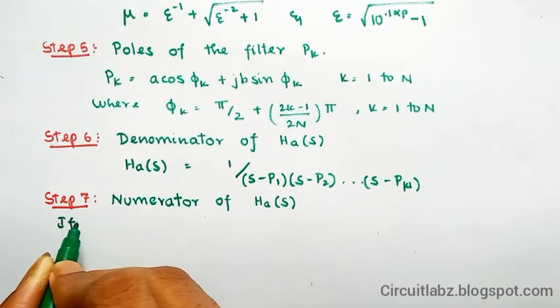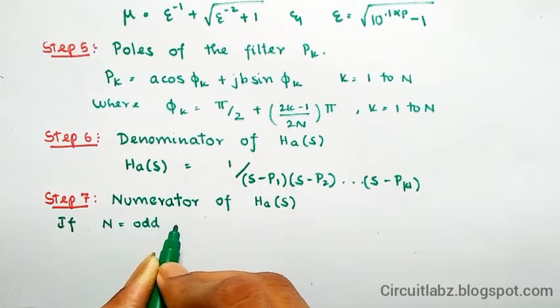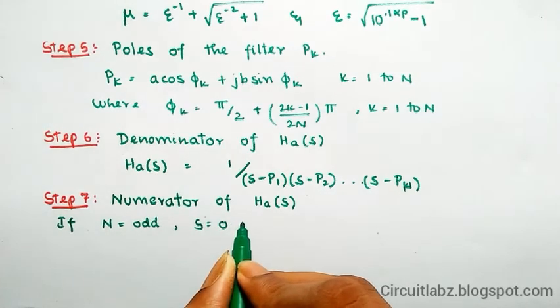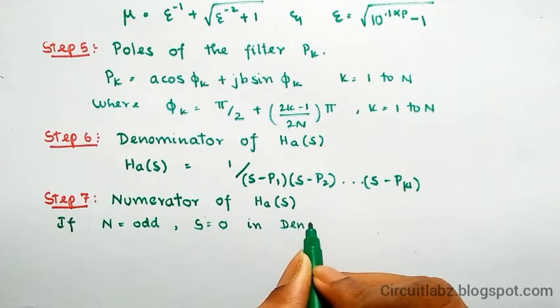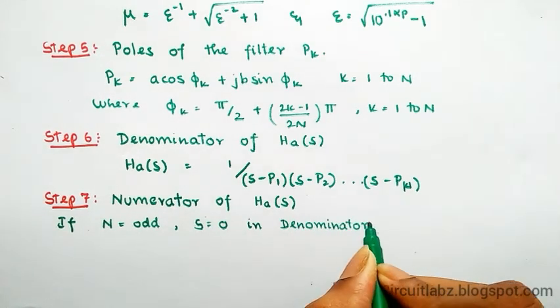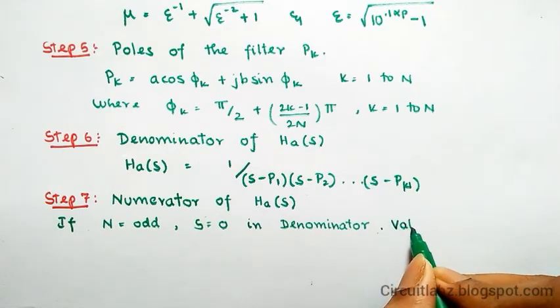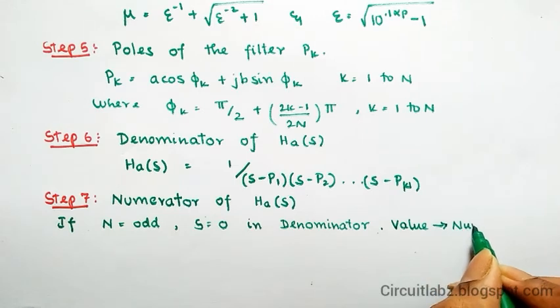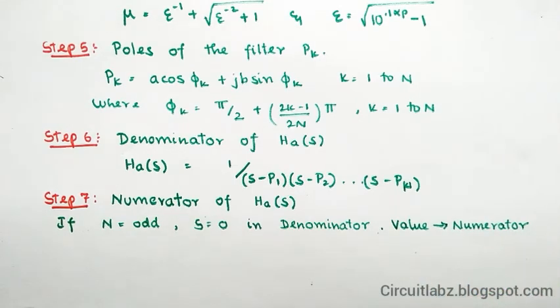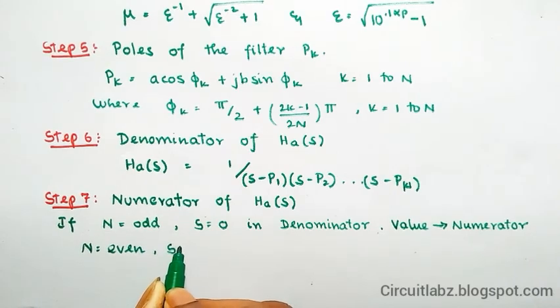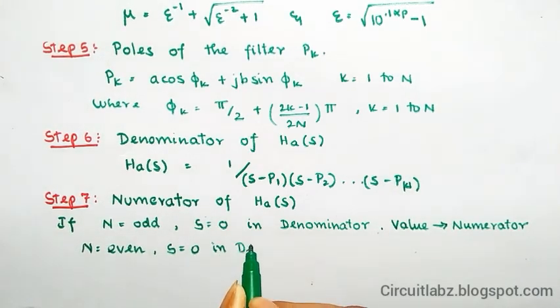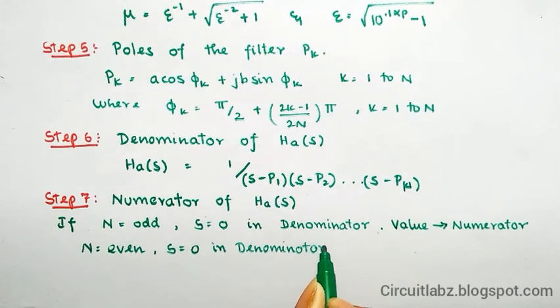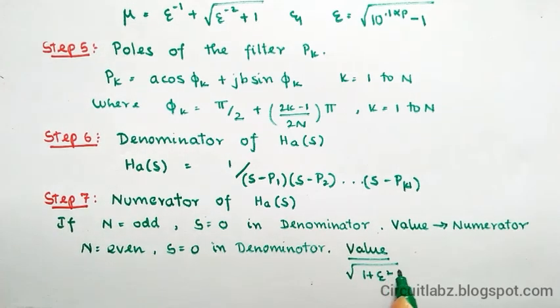If the order n of the filter is odd, substitute S equal to 0 in the denominator of H A of S, and the value we get is the numerator of H A of S. Whereas if n is even, substitute S equal to 0 in the denominator, and the value divided by the square root of 1 plus epsilon squared will be the value of the numerator of the transfer function.